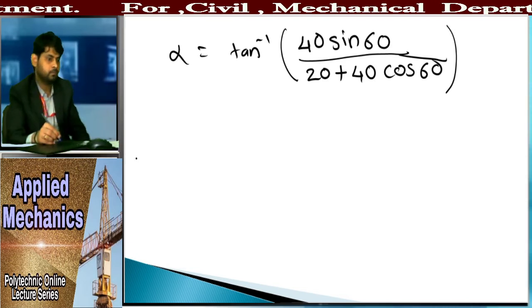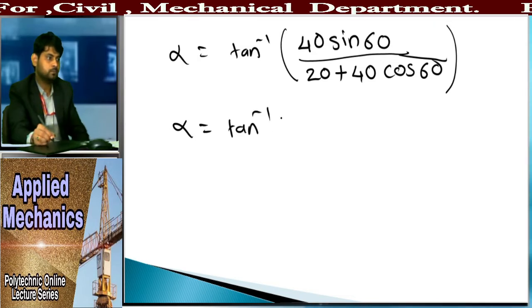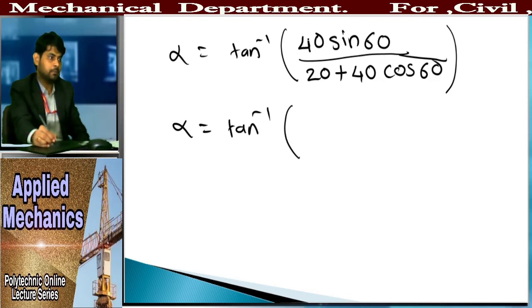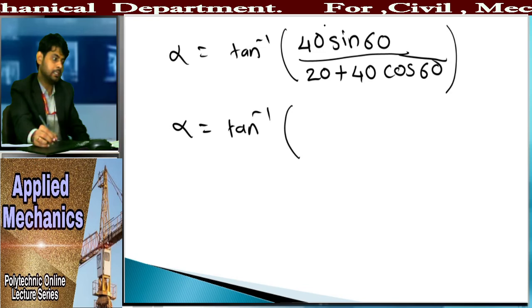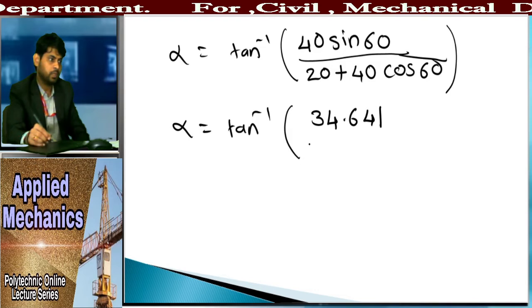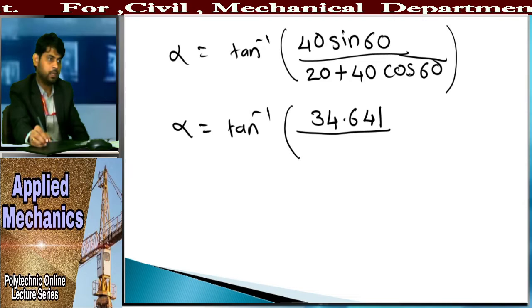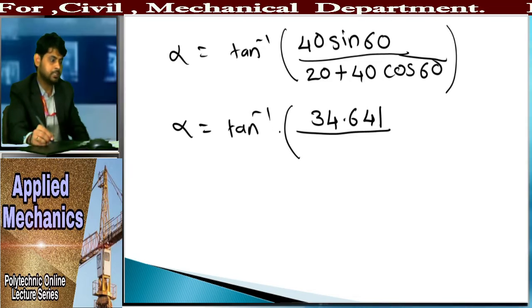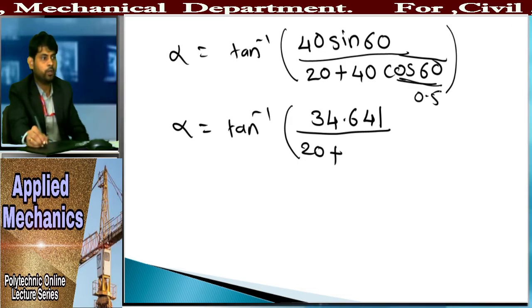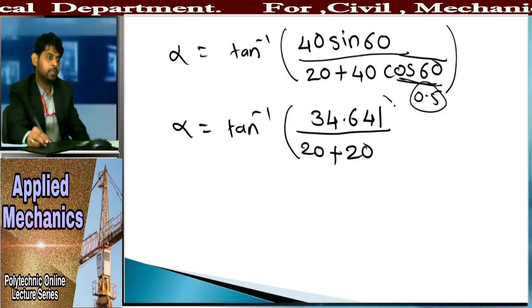After that, alpha is equal to tan inverse of sin 60 multiplied by 40. Just do the calculation on your calculator. That will be 34.641 divided by 20 plus 40 multiplied by cos 60. The value of cos 60 is 0.5. So 0.5 multiplied by 40 is 20. So here also 20.